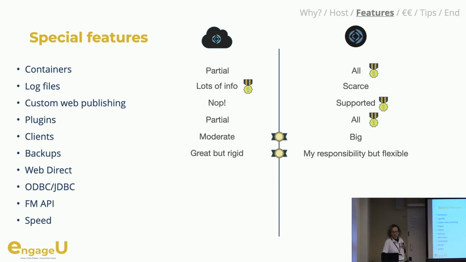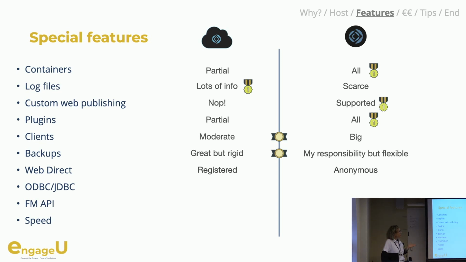It depends on your project. And WebDirect, attention here: FileMaker Cloud gives access to your WebDirect solution only to registered users, while in FileMaker Server you can have anonymous access and anonymous users.